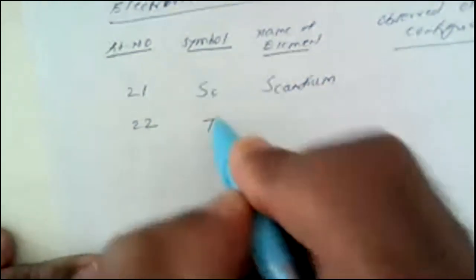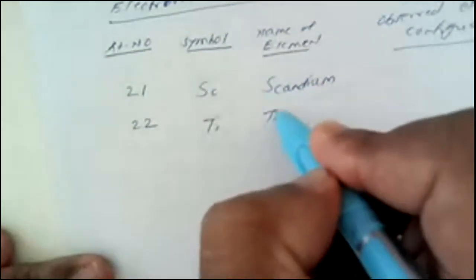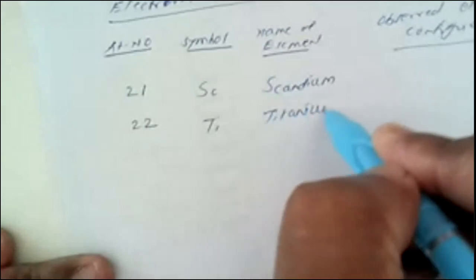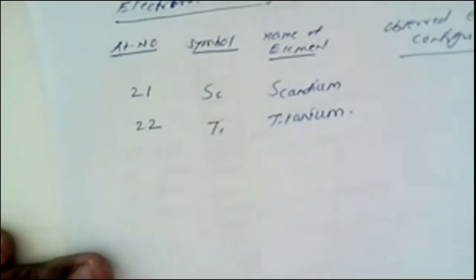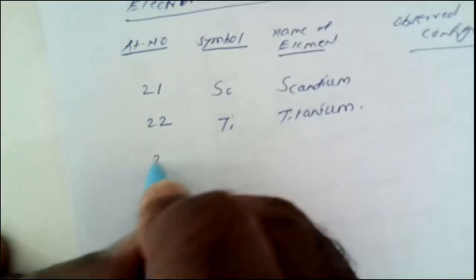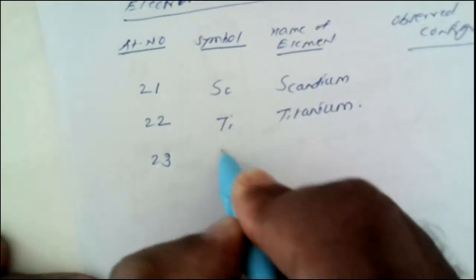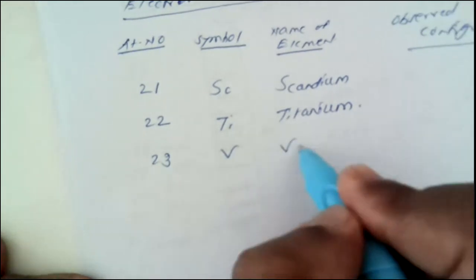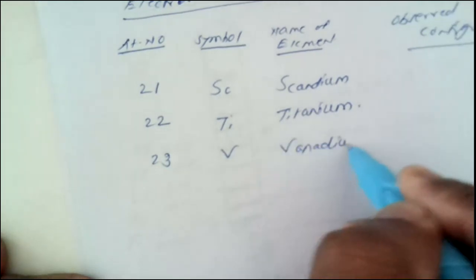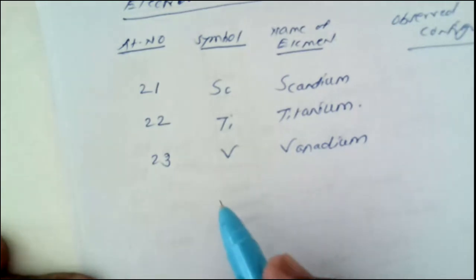The second member is titanium, having symbol Ti. Then atomic number 23, symbol is V, name of the element is vanadium.